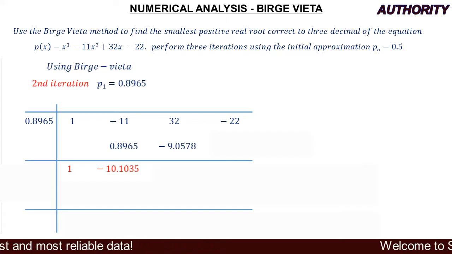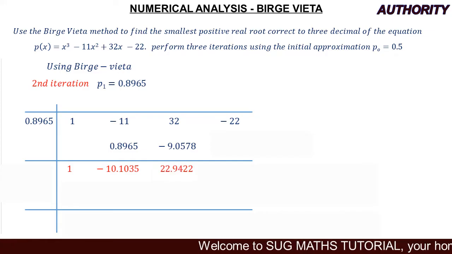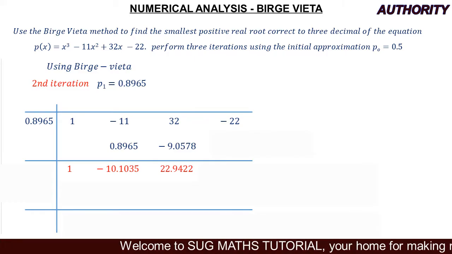Now, what is the number at the top? 32 plus this minus 9.0578. When you add together, it gives you 22.9422.